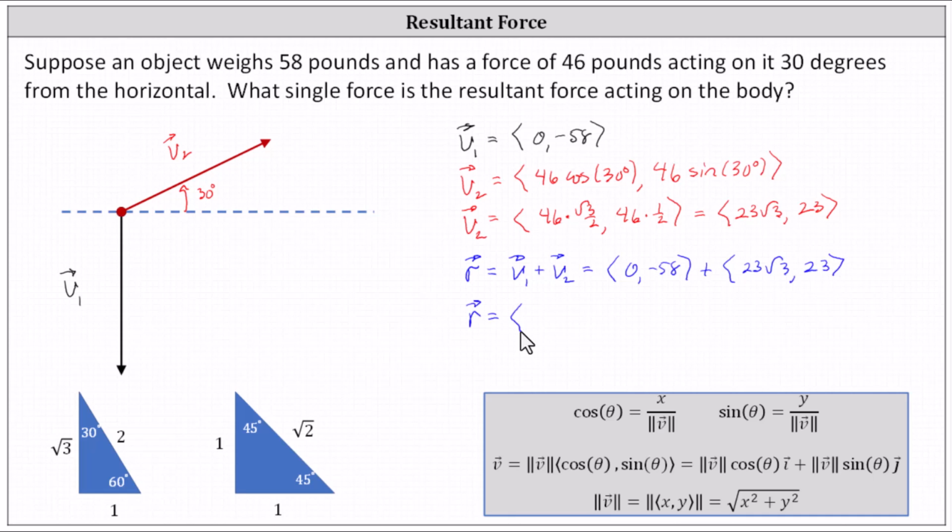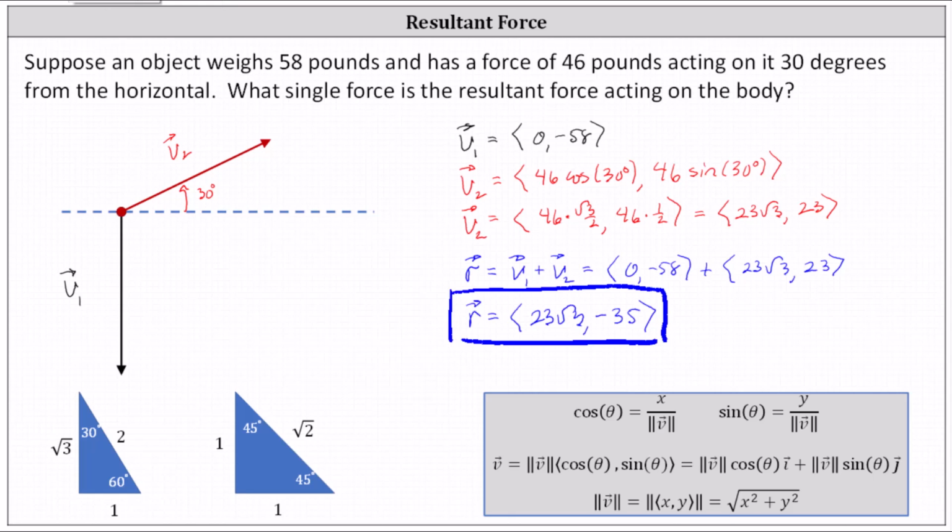The x component of the resultant force is 0 plus 23 square root 3, or 23 square root 3. And the y component is negative 58 plus 23, which is negative 35. So this is the resultant vector that the question is asking for.